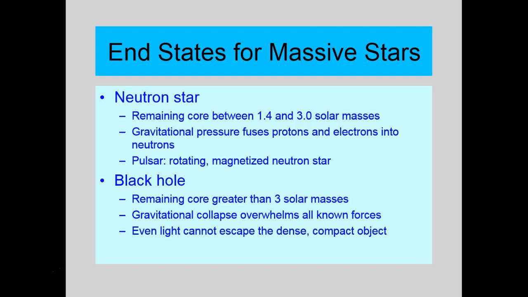The gravitational pressure fuses the protons and electrons into neutrons. This is where neutrons come from. Rather than fusing atoms, now you're fusing the components of atoms, and you fuse the protons and electrons into neutrons.